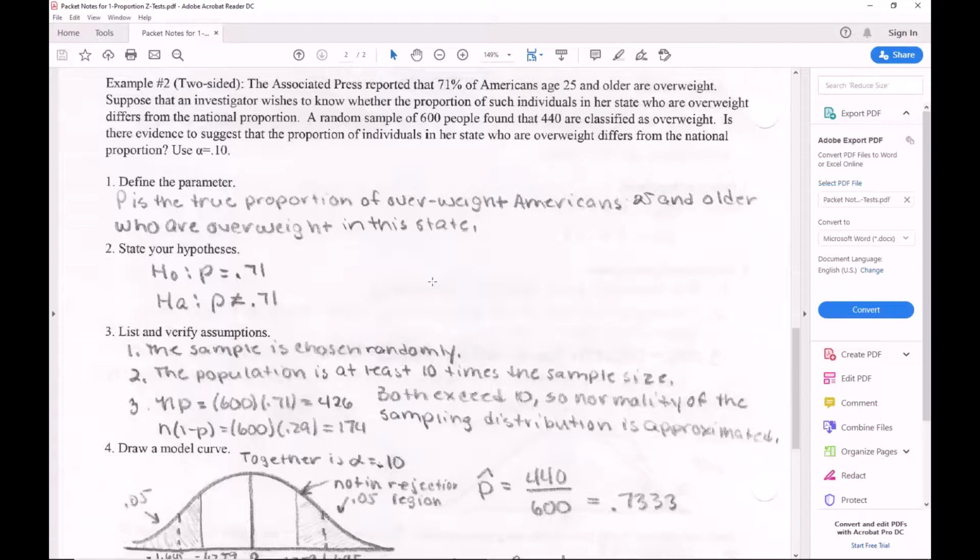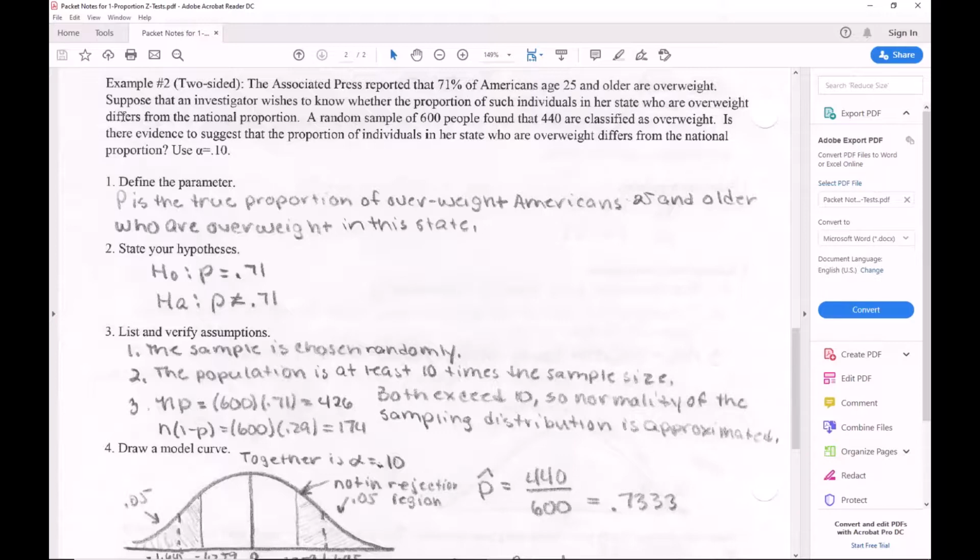Suppose that an investigator wishes to know whether the proportion of such individuals in her state who are overweight differs, right? That is the word right here, differs from the national proportion. It's not saying, is it bigger? It's not saying, is it smaller? It just says, is it different? Because it could be either one.